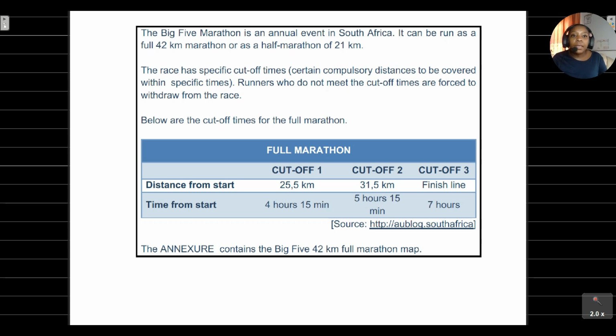It can be run as a full 42 kilometer marathon or as a half marathon of 21 kilometers. The race has specific cut-off times, certain compulsory distances to be covered within a specific time.